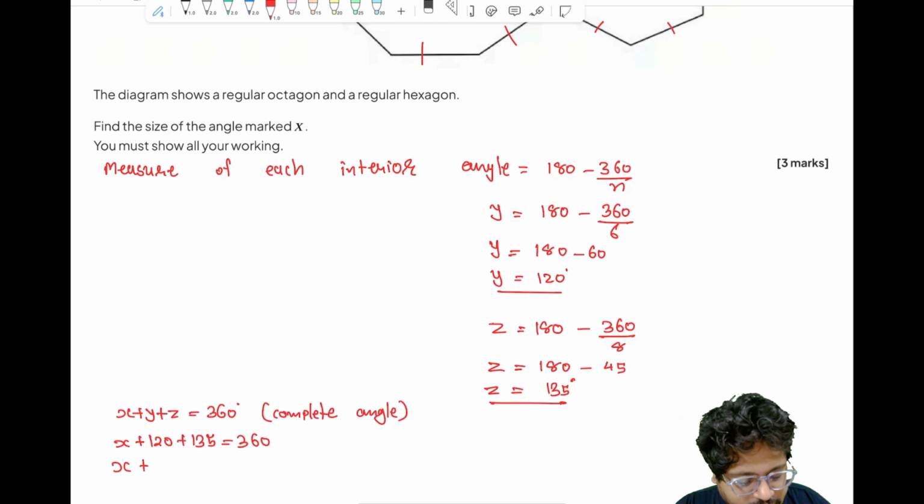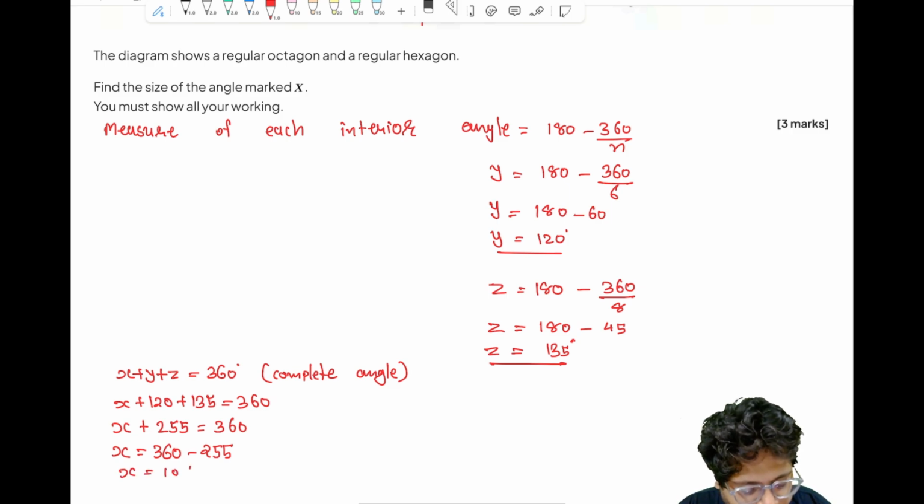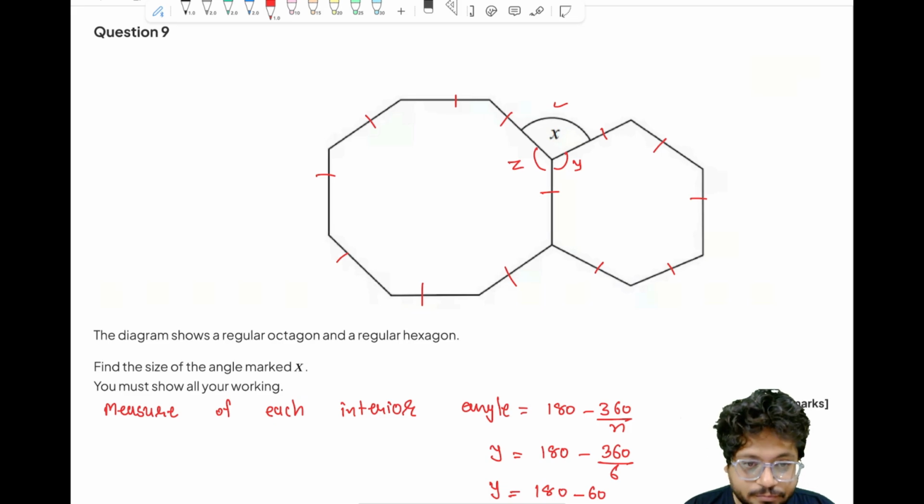So 120 plus 135 is 255. And now let's put the 255 on the opposite side of the equal sign. So 360 minus 255, that is 105 degree. So your x is 105 degree. Clear?